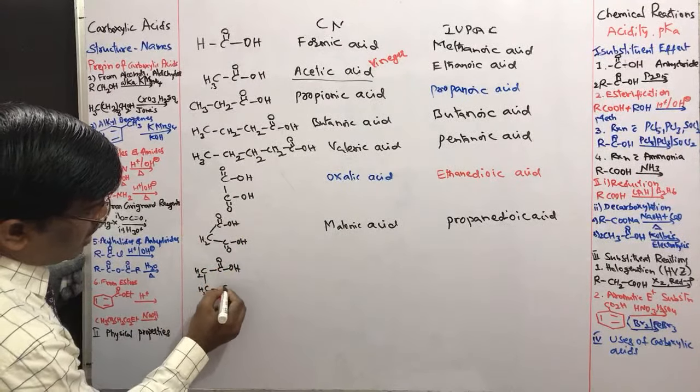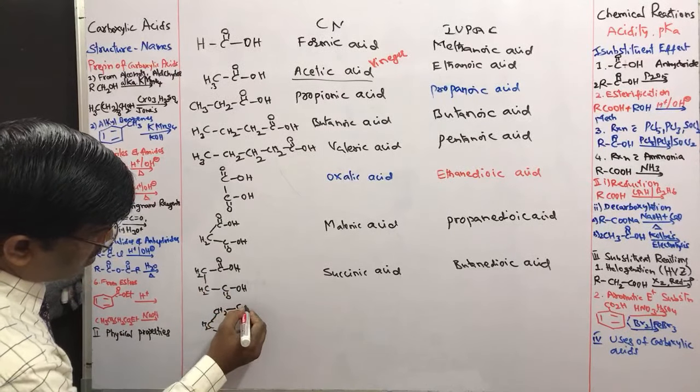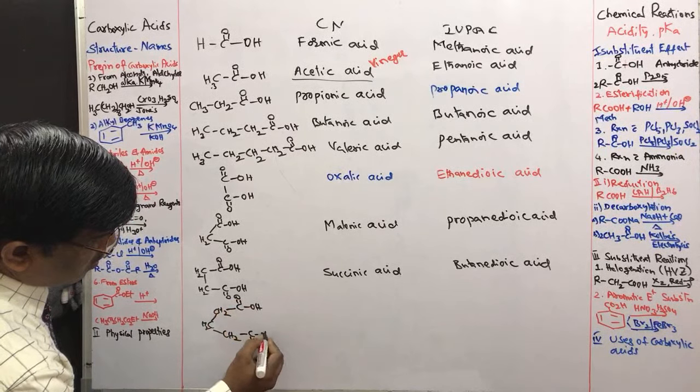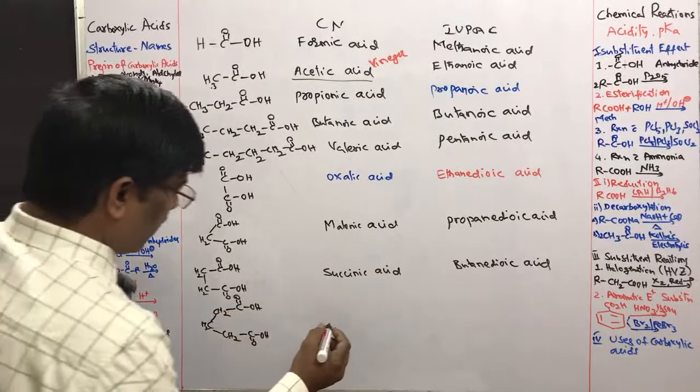So this is succinic acid, butanedioic acid. And when I increase further, this is glutaric acid.